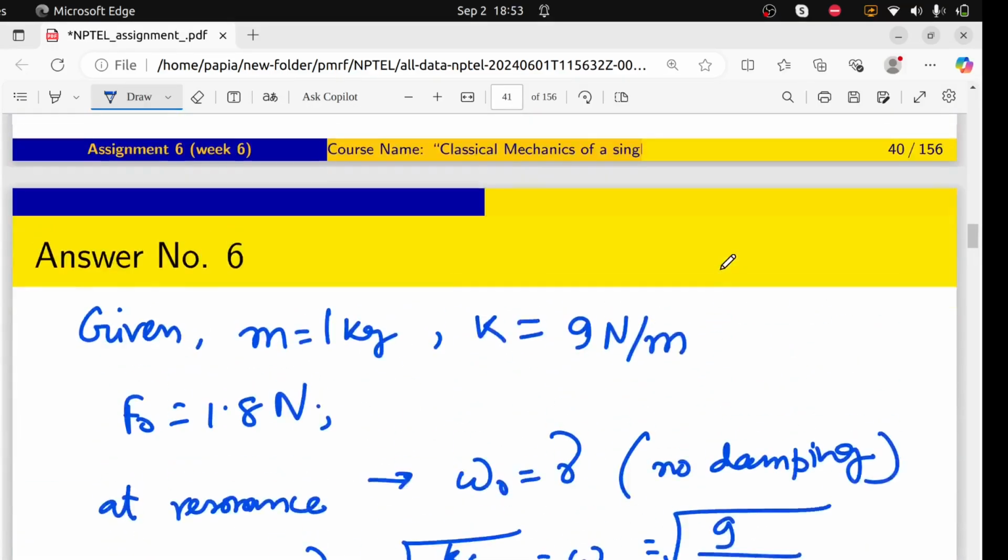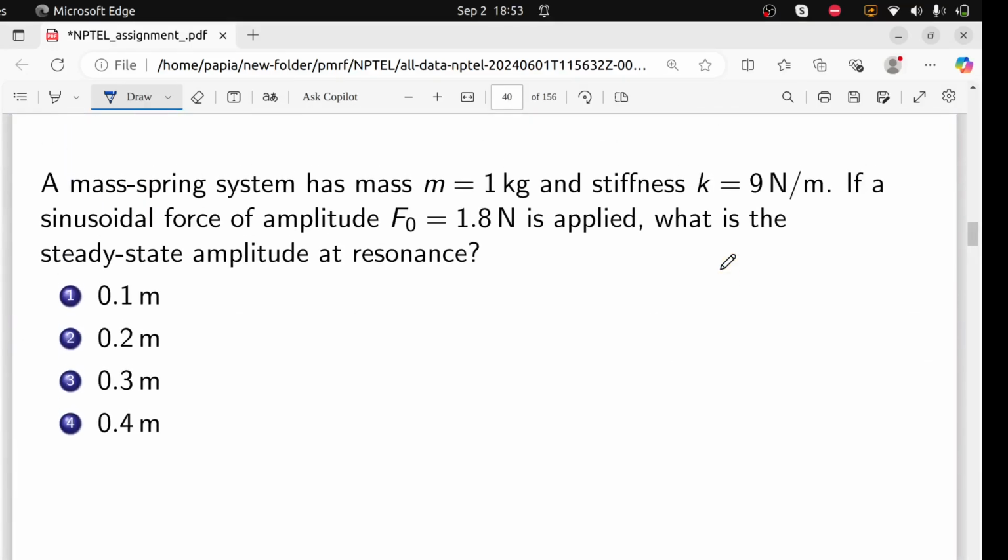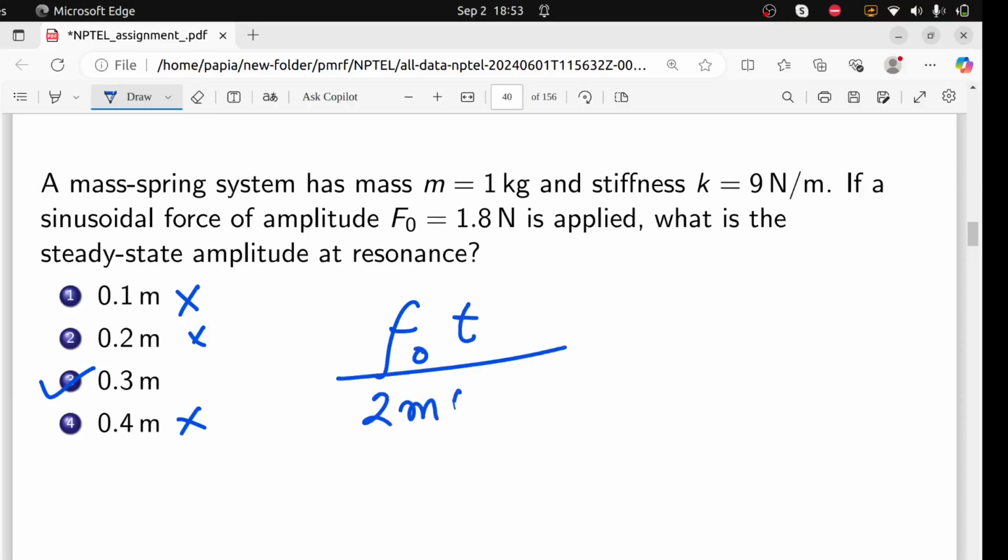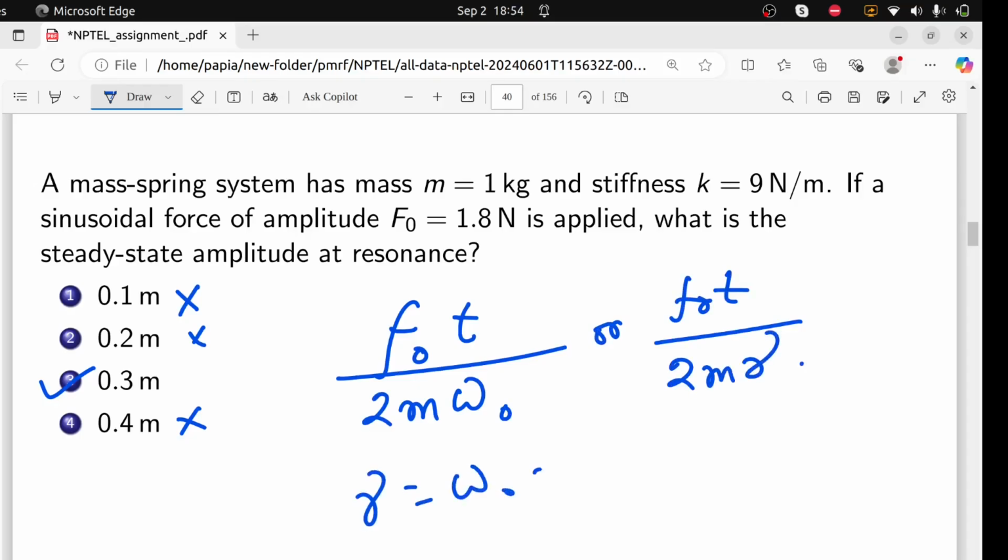Okay, so it is coming as 0.3. So this is the answer. The expression is f0 t divided by 2m omega 0, or f0 t by 2m gamma, and gamma is root of k by m.